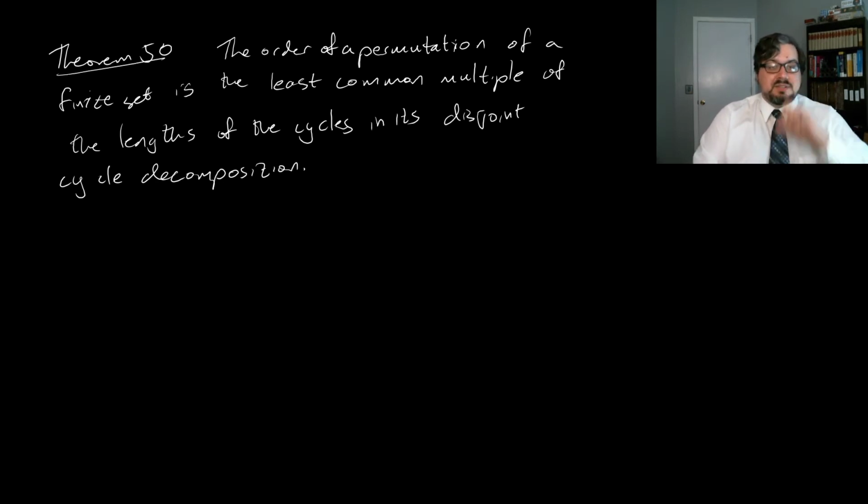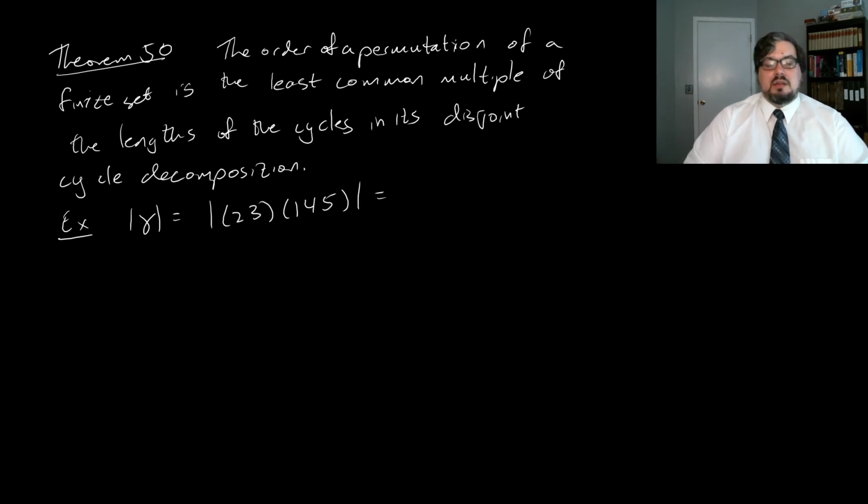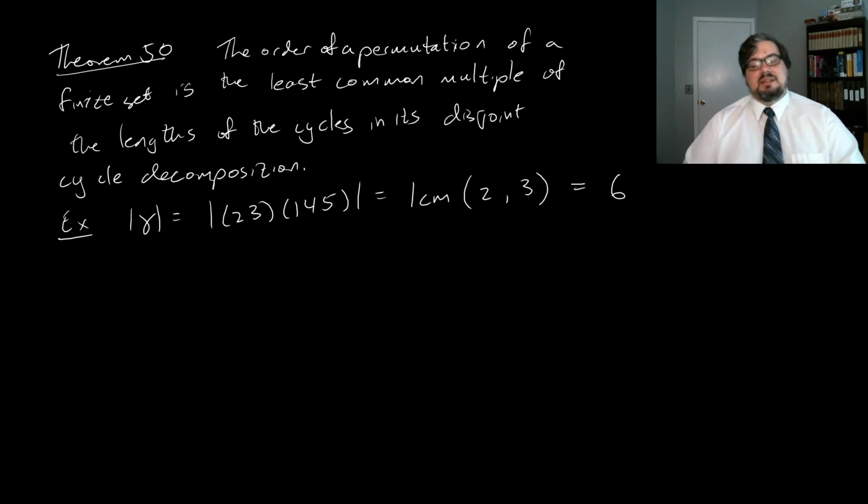So, for instance, the order of gamma that we had before is going to be the order of (2, 3)(1, 4, 5). And according to this theorem, that's going to be the least common multiple of the lengths of the two cycles in its disjoint cycle decomposition.